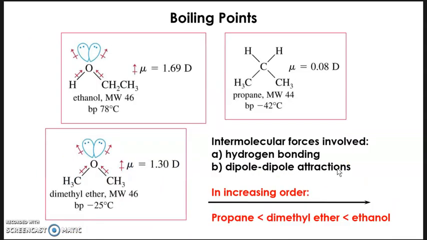Boiling point can be explained by hydrogen bonding or dipole-dipole attraction between these three compounds. Among alkane, a normal hydrocarbon, ether, dimethyl ether, and an alcohol, the boiling point increases from propane, lowest, to dimethyl ether, and ethanol, the highest.